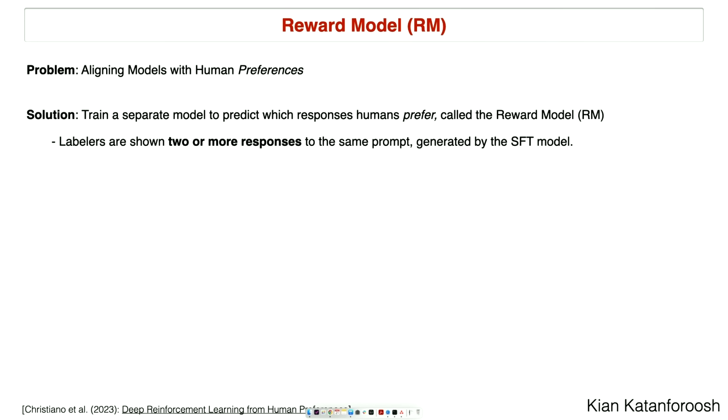You will sample three or four responses, and you know how we sample, right? You can tweak the temperature. You can select not only the top-probability word, the number one word from the softmax layer, but you can sometimes sample differently, and you will get a variety of answers. And then you will ask a human labeler to say answer B is better than answer C, and answer C is better than answer A, and answer A is sort of equal to answer D. That's it.